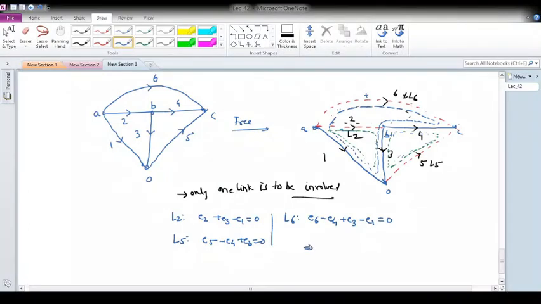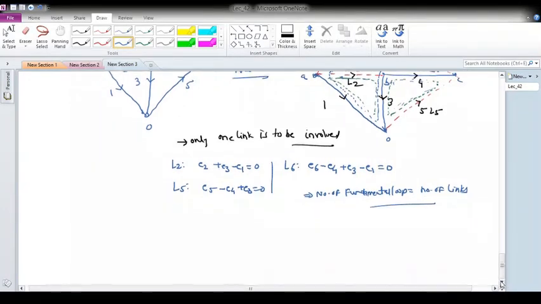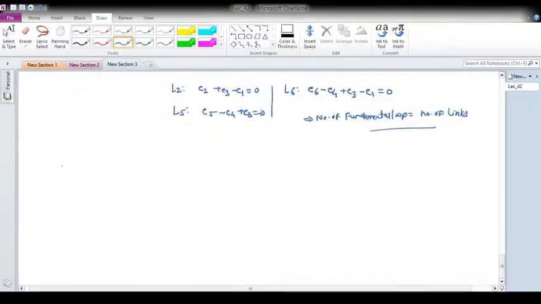So how many fundamental loops are here? Basically these are the fundamental loops, and the number of fundamental loops will be equal to the number of links. Let us express this in matrix form. The rows are the links L2, L5, L6, and the columns are the elements 1, 2, 3, 4, 5, 6.